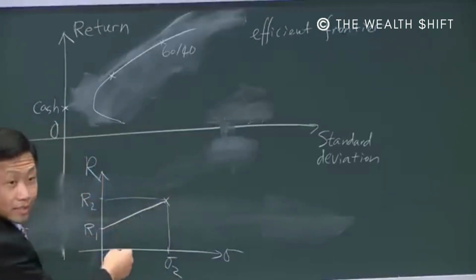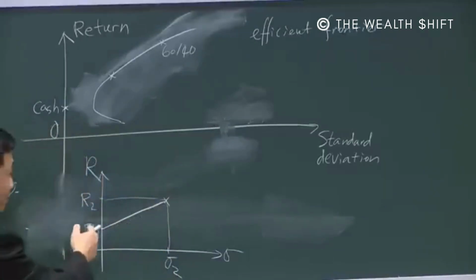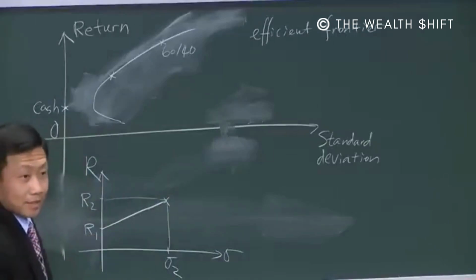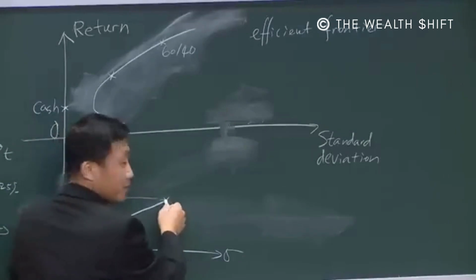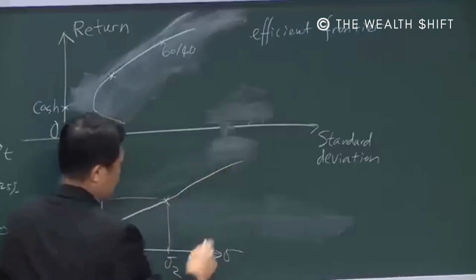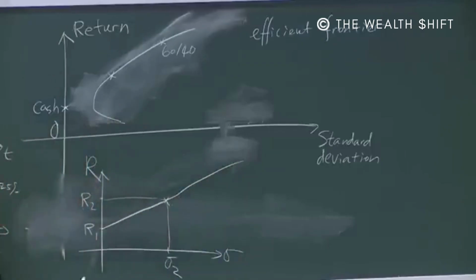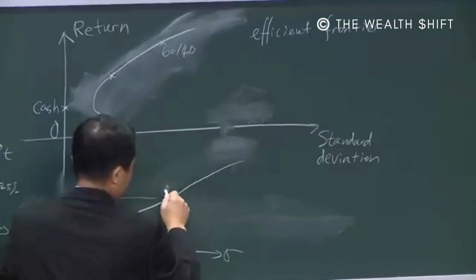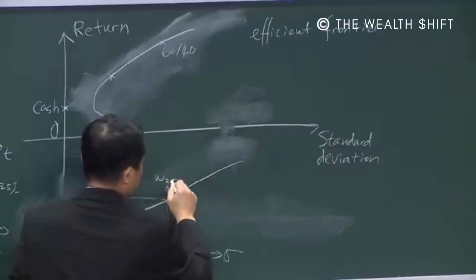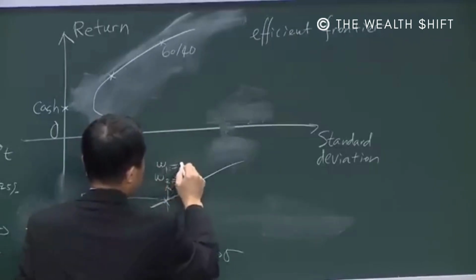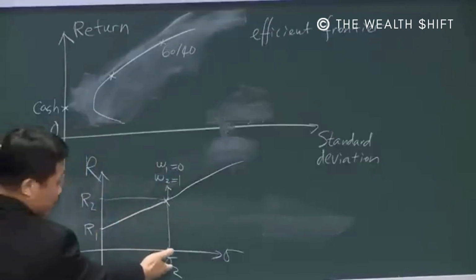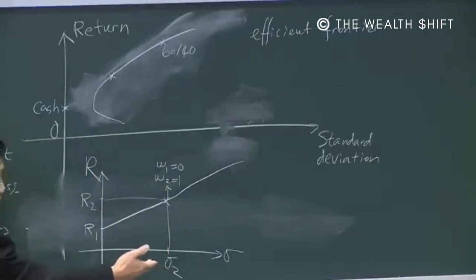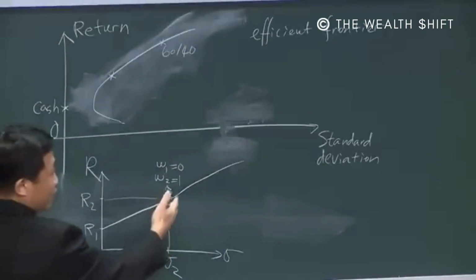That's your asset allocation, different combinations. Did it occur to you, why can't we go beyond this point? This point is when we weight W2 equal to 1, W1 equal to 0, right? That's when you weight everything into asset 2. But what if you go beyond that?